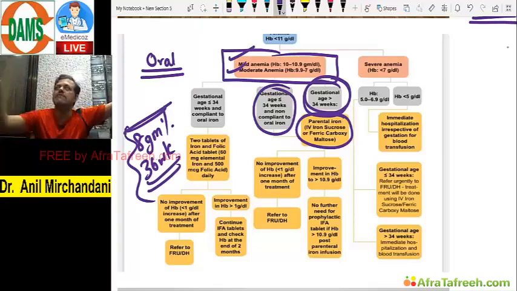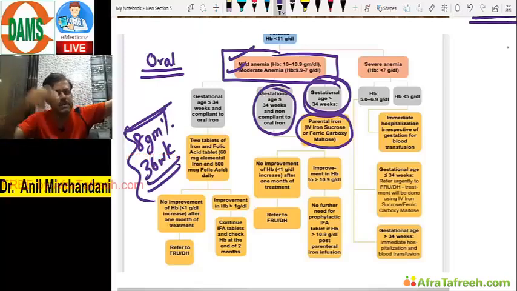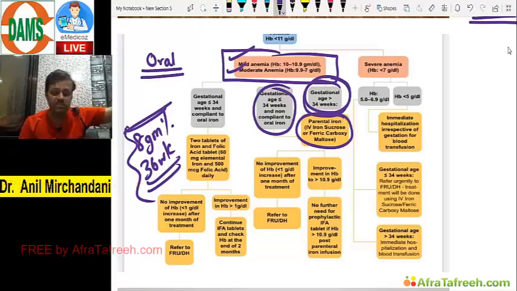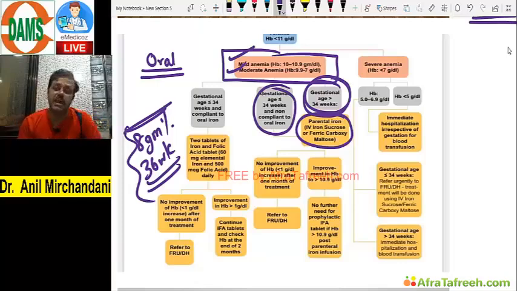Unnecessarily I will have to give blood transfusion, or there will be complications in labor. So remember, 34 weeks plus and any mild to moderate anemia, you should give injectable parenteral iron. Iron sucrose and ferric carboxymaltose are the approved drugs given as injectable iron therapy.